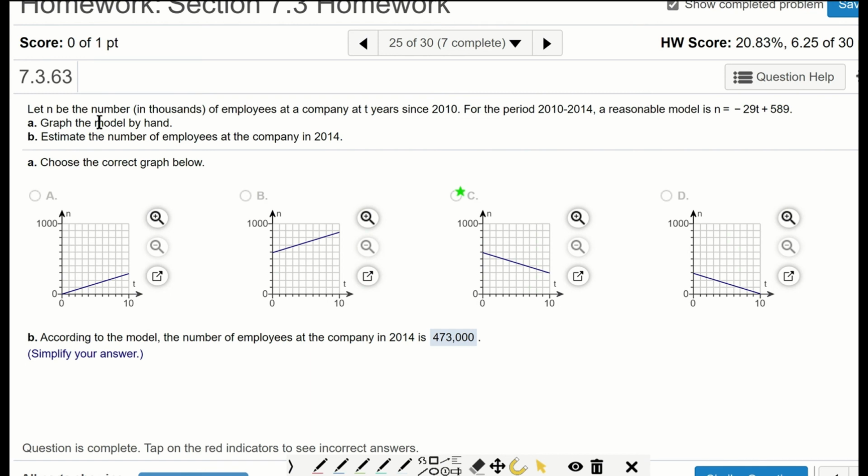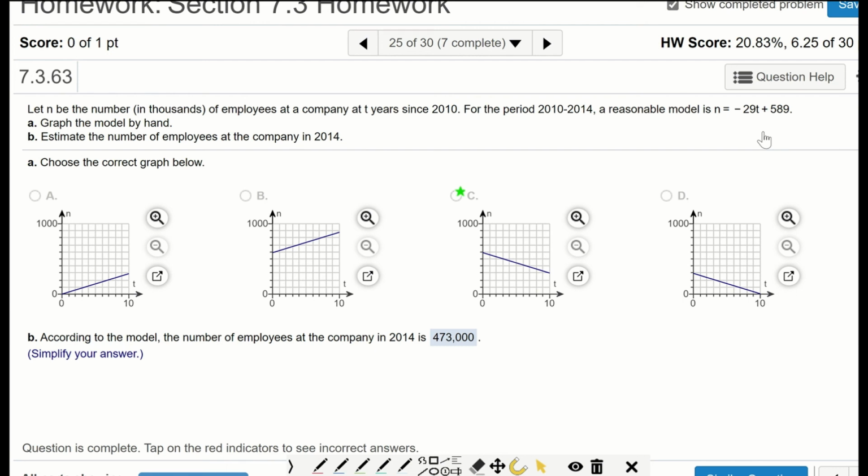Okay, so here we're letting n be the number, in thousands, of employees at a company at T years since 2010, for the period 2010 to 2014, and a reasonable model for that number of employees is given right here. First we want to graph it by hand. You obviously aren't literally going to do it by hand, but you need to understand what each one means.